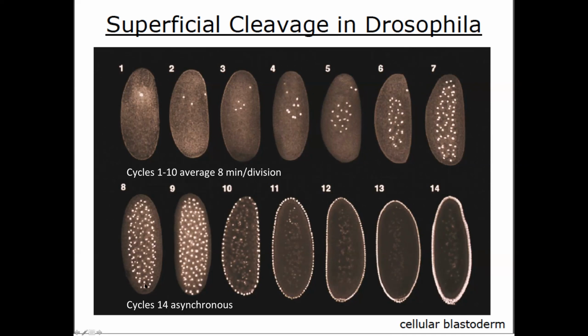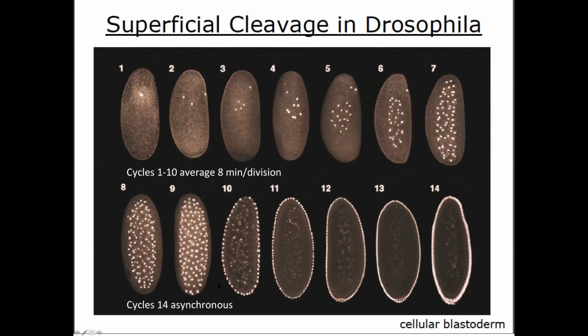So even though the nuclei will all be similar, from stage 8 or 9 one can start seeing that specification is beginning to get initiated. And the first specification that one sees is the specification of the pole cells.